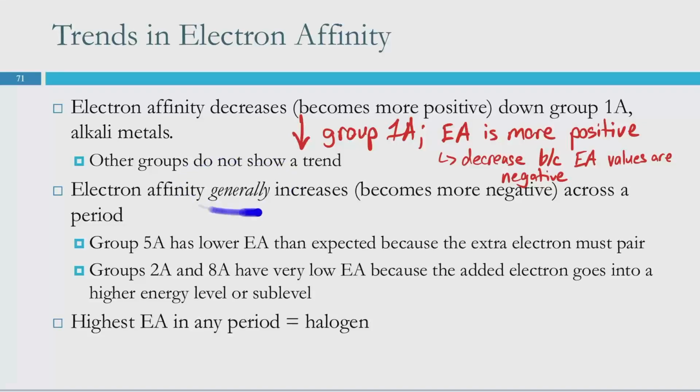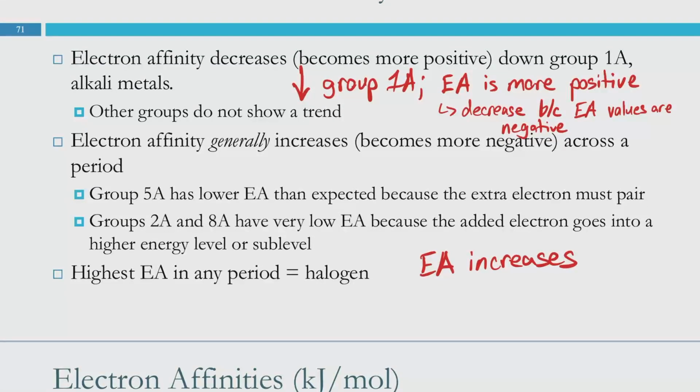Electron affinity generally increases or becomes more negative across a period. So generally, electron affinity increases, the number gets bigger, up and to the right.